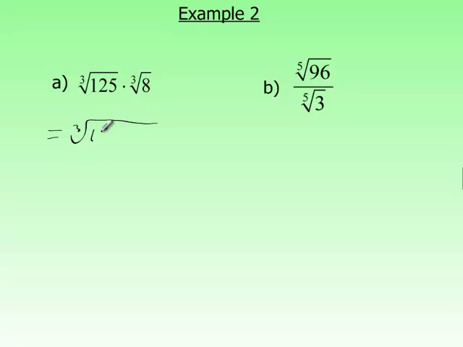So I could do 125 times 8, since these are the same, okay, and that's going to give me 1,000. So I'd have the cube root of 1,000, and so then the cube root of 1,000 is just 10.